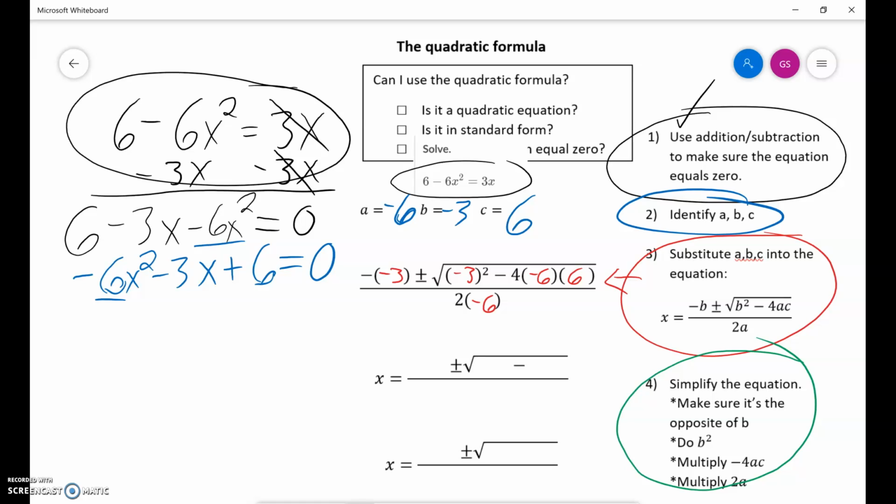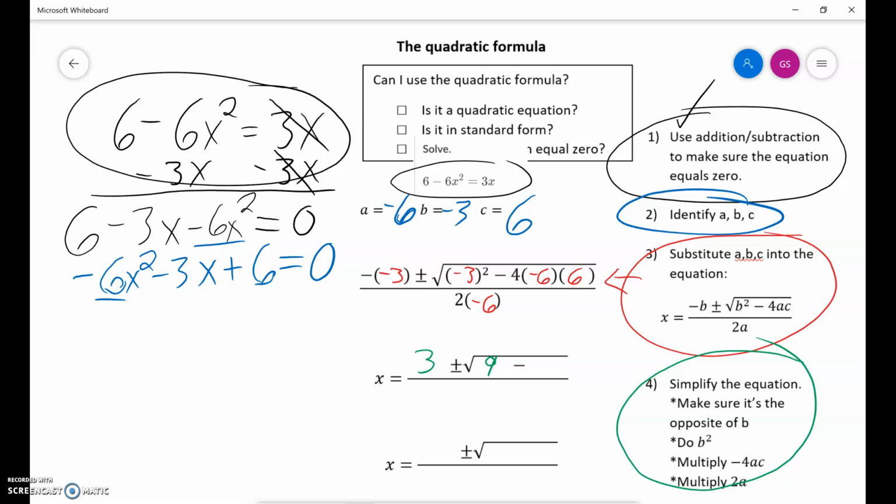All right, so the first one is we want to put the opposite of B. B is negative 3, so I want to put the opposite, positive 3. Then we're going to do B squared, so that's negative 3 squared. That gives us 9. And then I'm going to multiply negative 4 times A times C. Negative 4 times 6 is 24, positive 24, because it's a negative times a negative.